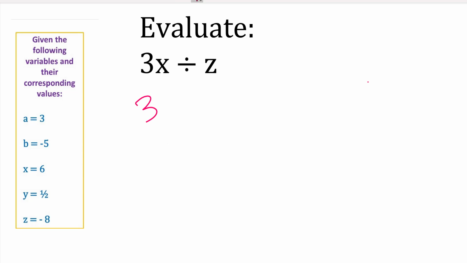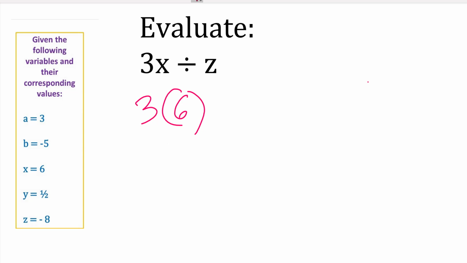So 3x means 3 times x. When we substitute x equals 6, we'll have to put it in a parenthesis so that we'll not be confused whether it's 36 or 3 times 6.